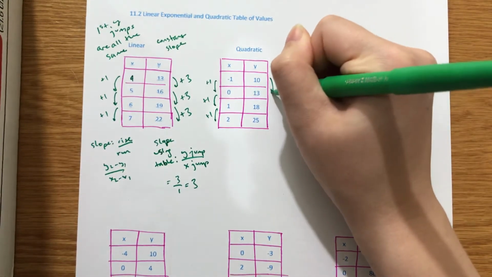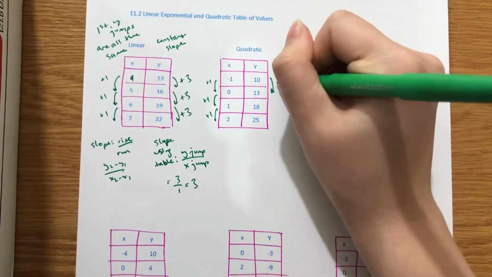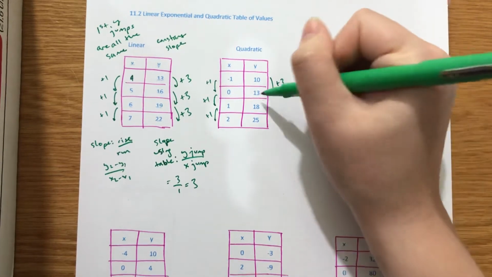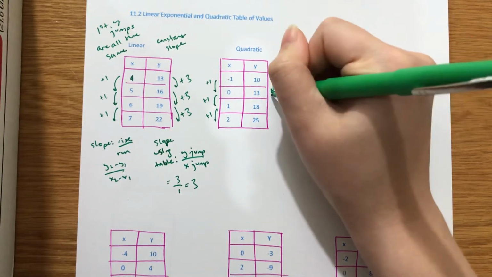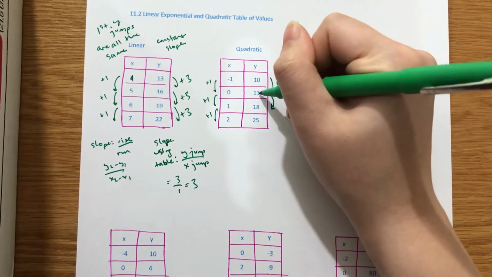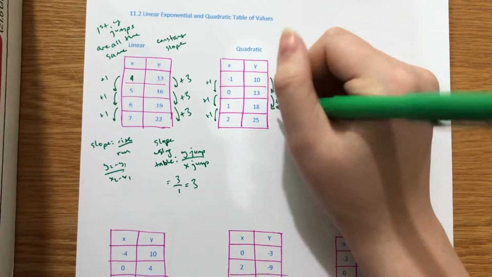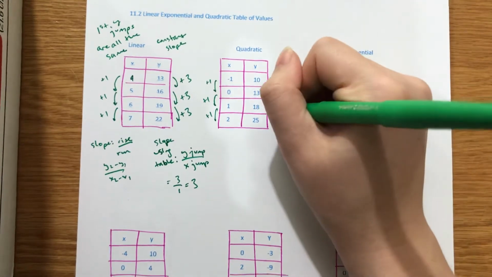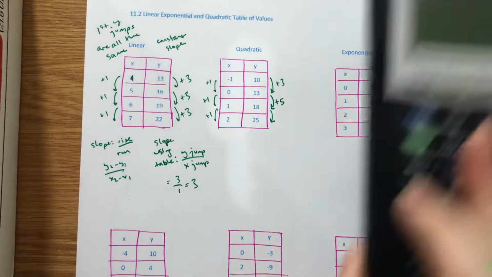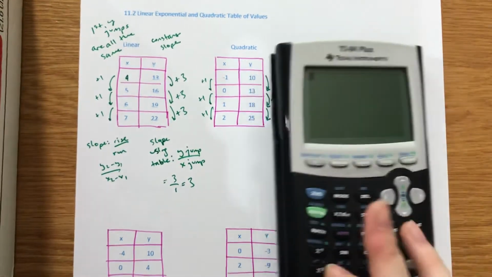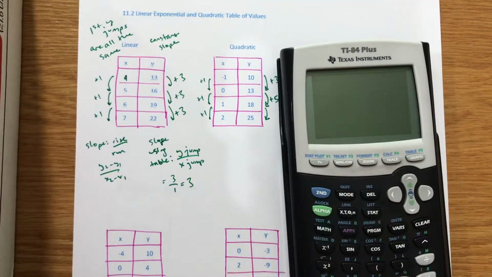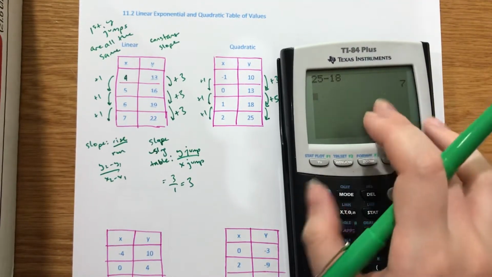How do we get from 10 to 13? Well, that's plus 3. 13 to 18 is plus 5. 18 to 25, and if you're struggling, you can use a calculator and do 25 minus 18, so that's 7.